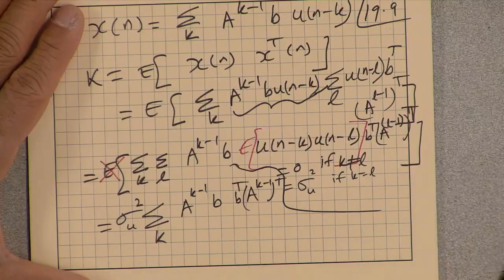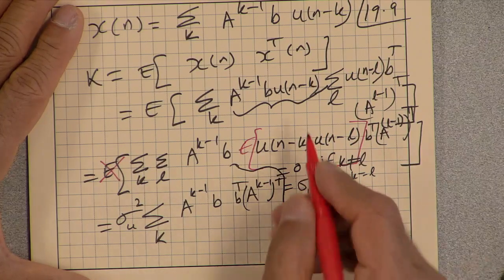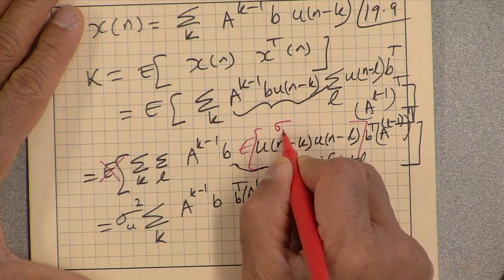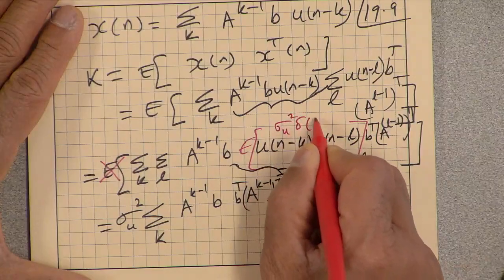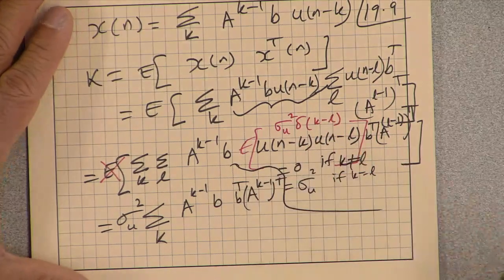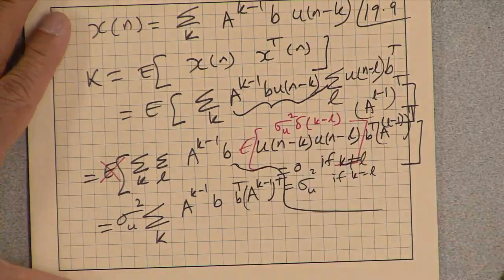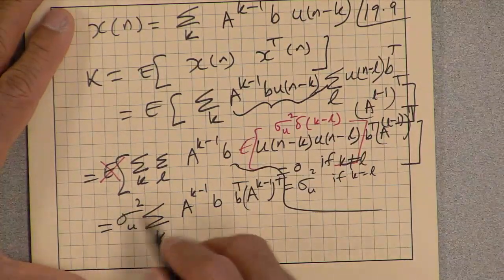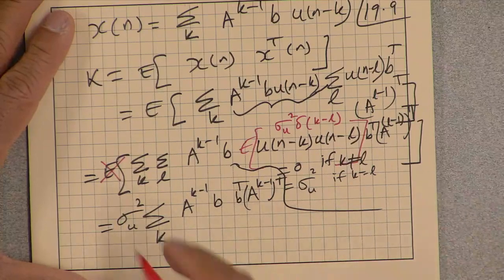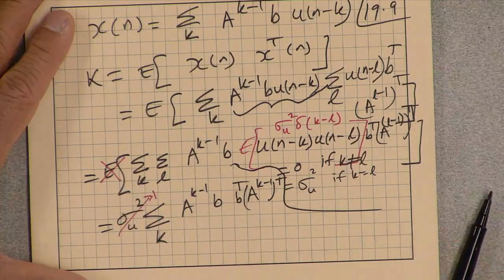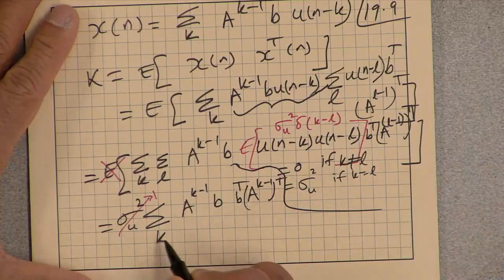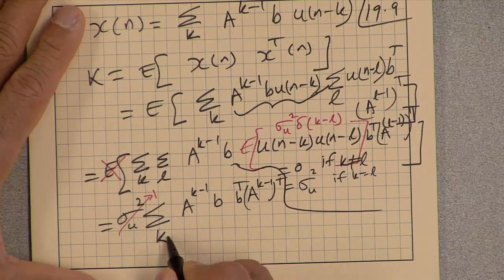You could also write this as sigma_u squared delta(k-l). That doesn't matter so much. For now I can assume sigma_u squared to be 1, so it really doesn't matter. And so what happens if you look at this matrix K?